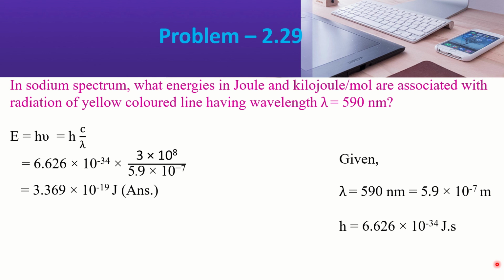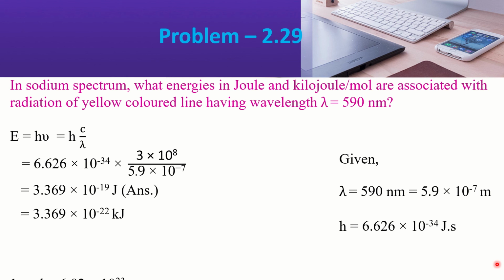And you have to find out the energy in kilojoule per mole. So this joule we can write 3.369 into 10 to the power minus 22 kilojoule by dividing it by 1000, and the energy you have to find out in kilojoule per mole. Now dear students, look, this is the energy of one photon, and you have to find out the energy of 1 mole of photons.